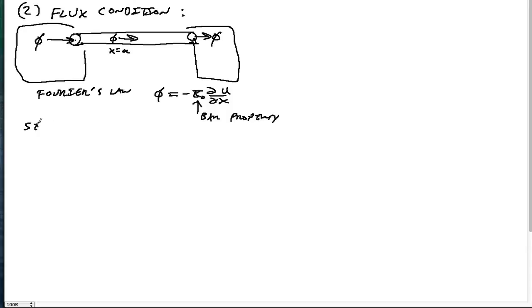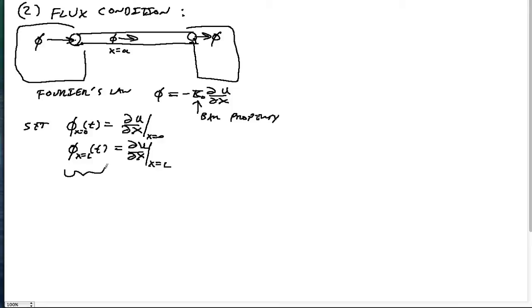We can just set phi of x equals 0 of time. We can just set that to be the partial with respect to x evaluated at x equals 0, and a partial x equals L of t is equal to the partial of u with respect to x equals L. So again, now these are the defined functions.